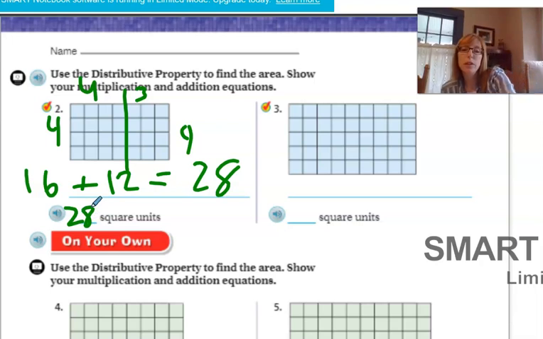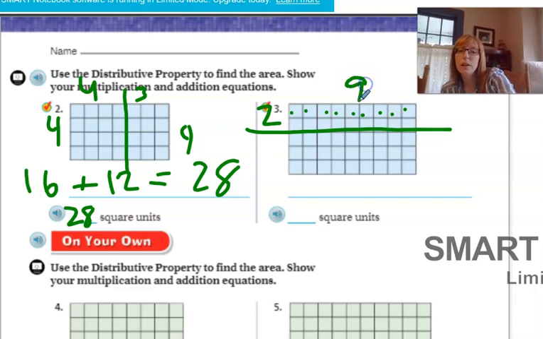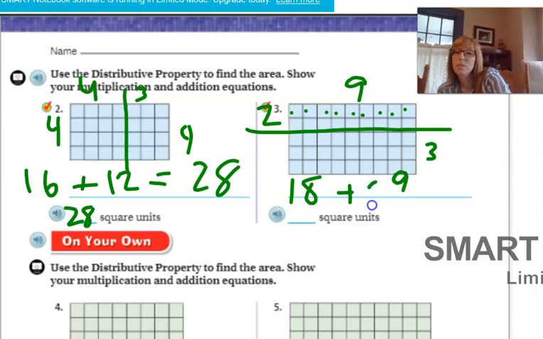So over here, I'll go this way this time because I haven't been doing horizontal. So I'll go 2, and then 1, 2, 3, 4, 5, 6, 7, 8, 9. So my first one is 2 groups of 9, which is 18. And then I'm going to put a 3 here, and it's still 9. So that would be plus 3 times 9, which is, you are correct, 27.